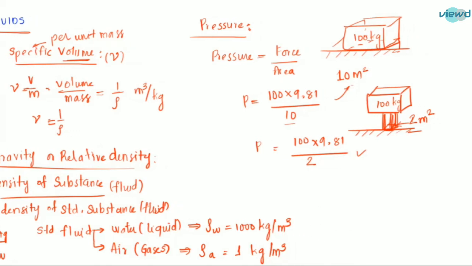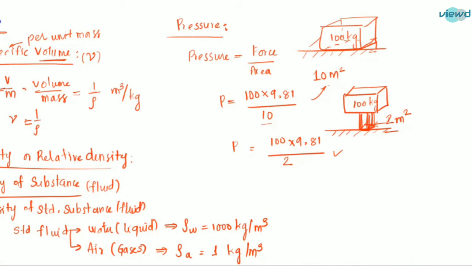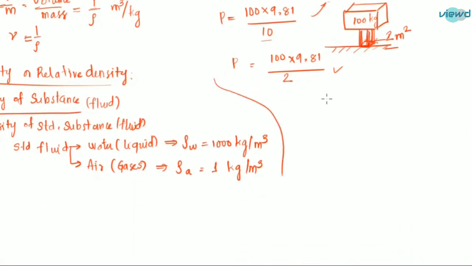And the units of pressure are very important. Pressure is equal to force by area. The force is in Newtons and area is in meter square. So Newton per meter square, 1 Newton per meter square, is equal to 1 Pascal. Also, atmospheric pressure is equal to 101,325 Pascal.